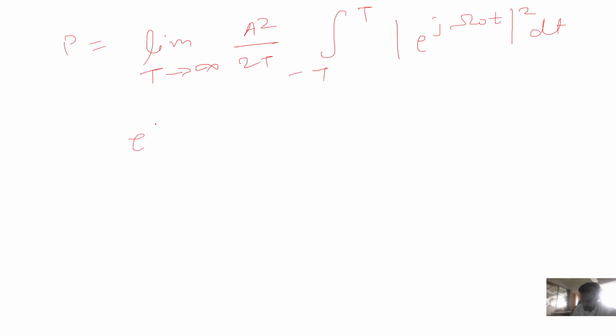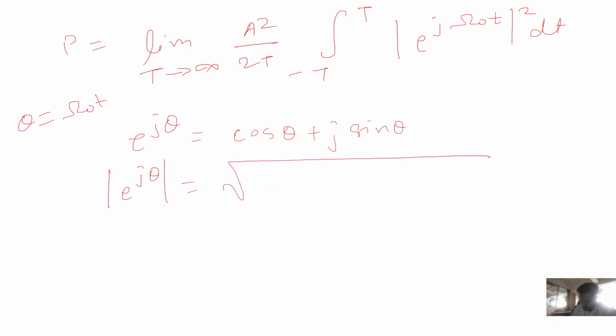So e raised to j theta, in our case theta is omega 0 t, is nothing but cos theta plus j sin theta, and therefore mod of e raised to j theta is going to be square root of cos square theta plus sin square theta, and that is going to be equal to 1.